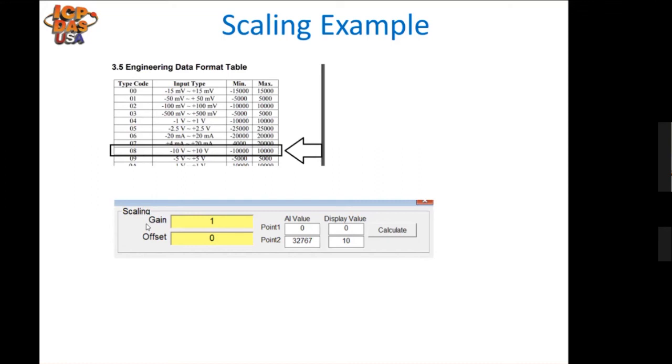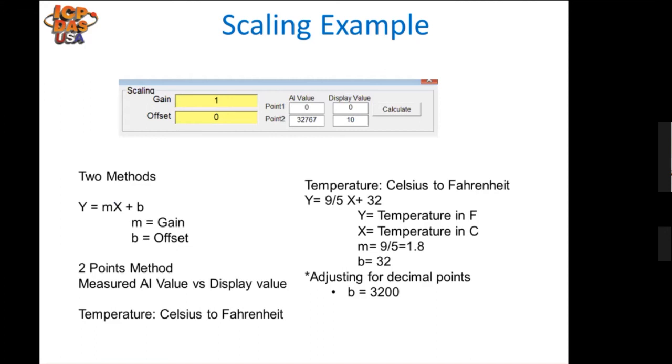The scaling is done using these values here, either the gain and offset, where we can multiply by 1/1000th, or we can use the dual point method to just calculate the value using 2 known points. A little bit more information about that.